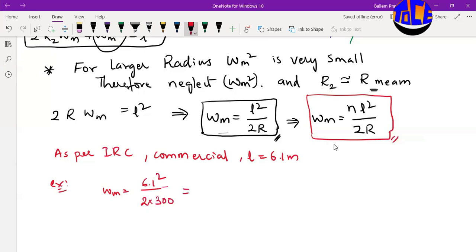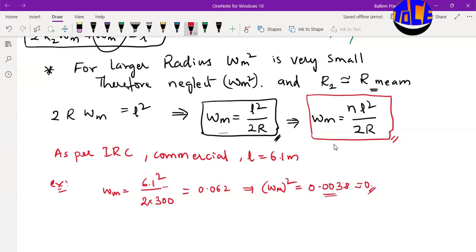What will be the value? 6.1 square divided by 2 into 300. It is 0.062. And if you consider the square of this, how much value will you get? 0.062 whole square is 0.0038.